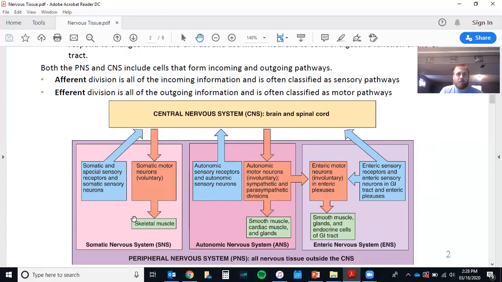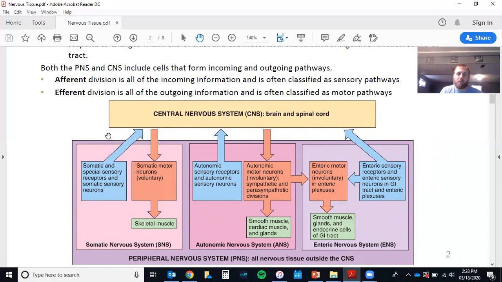Think about these different divisions of the peripheral nervous system, somatic, autonomic, enteric, think of them each like a two-lane highway, where there's signals going in one direction and signals going in the opposite direction. We always describe where things are going in relationship to the central nervous system.